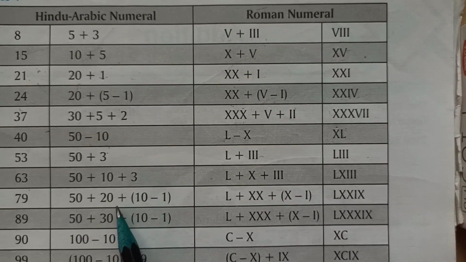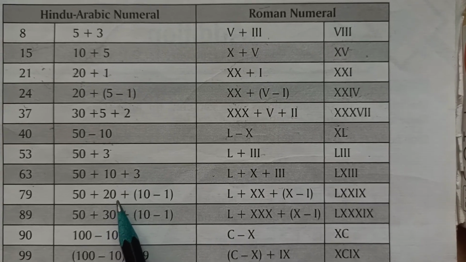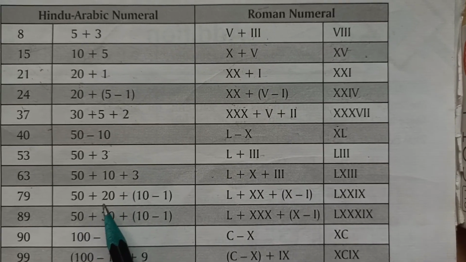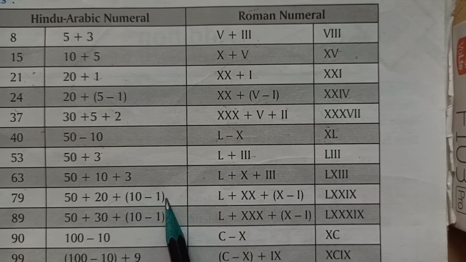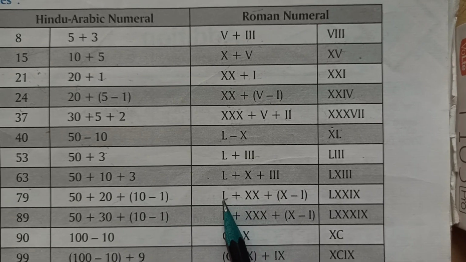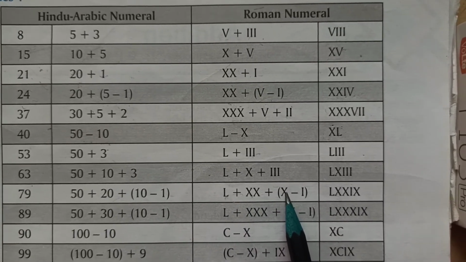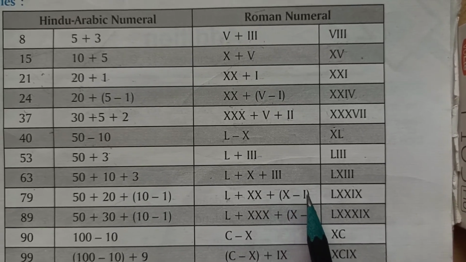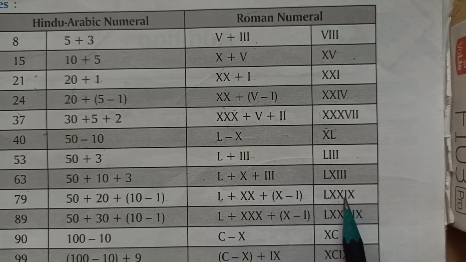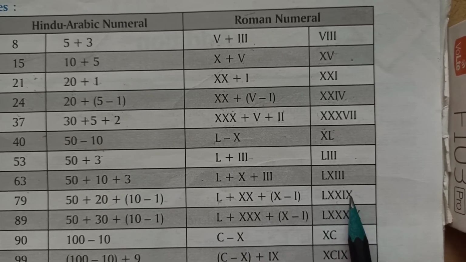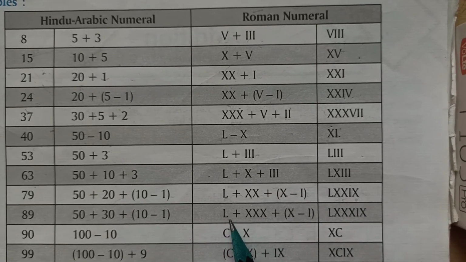Similarly, you can see 79. So 79, we don't have any symbol or alphabet that denotes 70. So 50 plus 20 is 70 and 10 minus 1 will show 9. So L is 50 plus X, that is 20, and here you can see 10 minus 1, that is X minus I. So L, 2 times X, and IX, which denotes 9. So it is 79. Similarly, 89 is done.